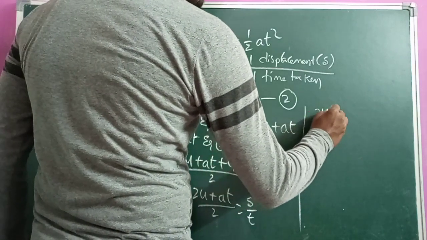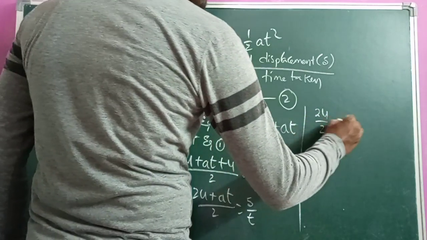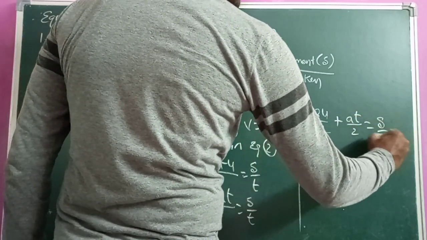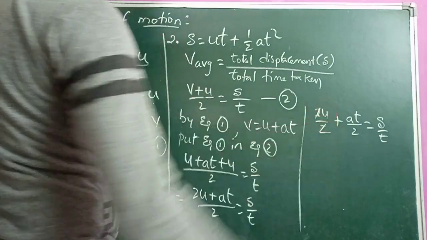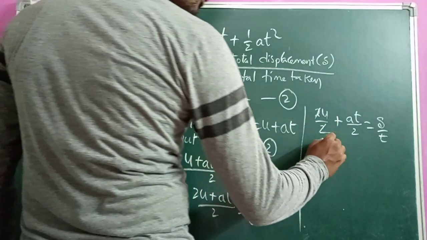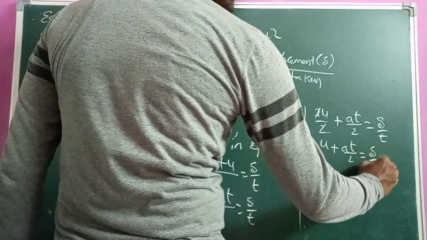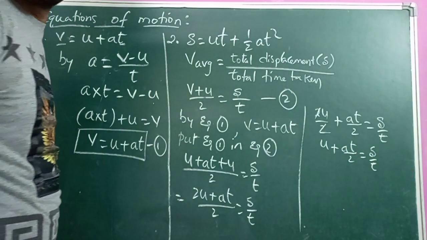So 2U by 2 plus AT by 2 is equal to S by T. This 2 gets cancelled. So U plus AT by 2 is equal to S by T.